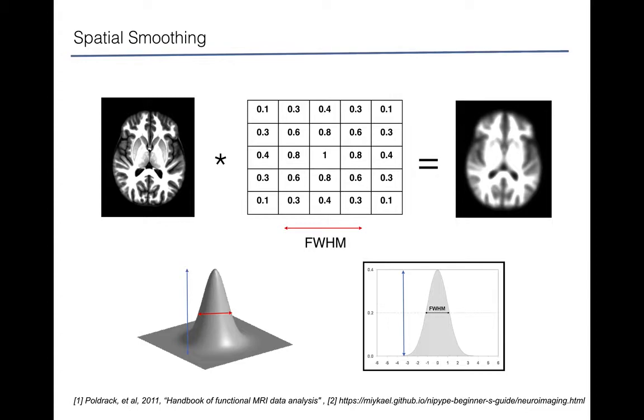The wider it is, the more neighboring voxels you include for averaging, and the narrower it is, the fewer voxels are included. If you want to be conservative, you pick a thinner kernel, and if you want to smooth more, you pick a wider kernel.